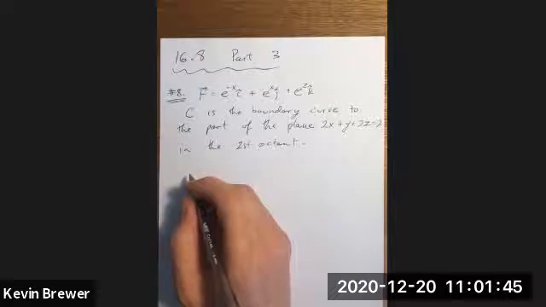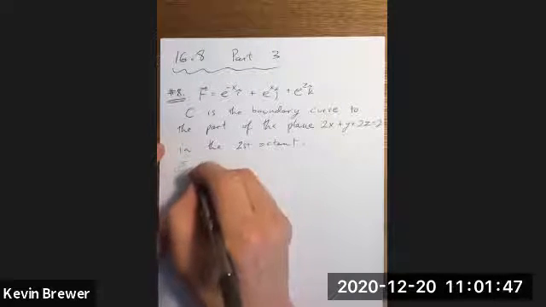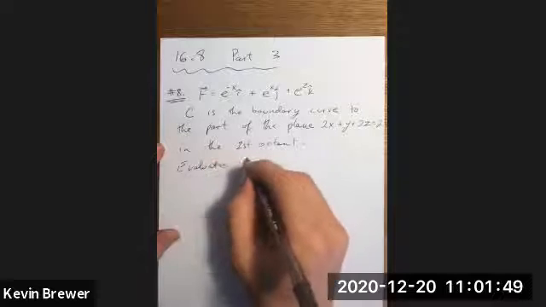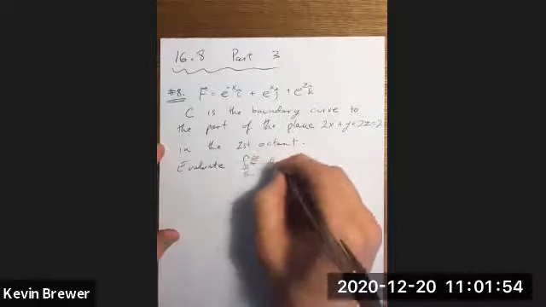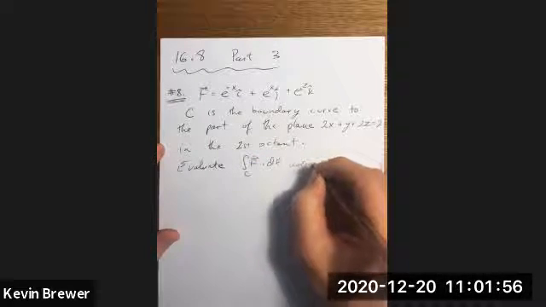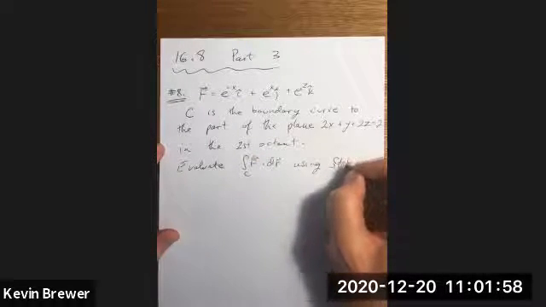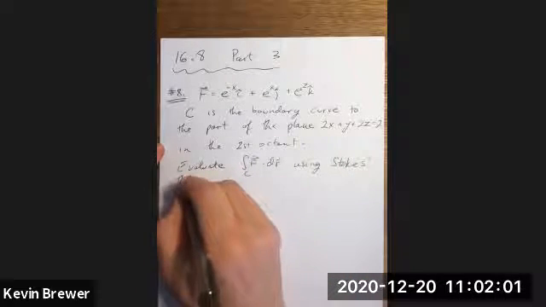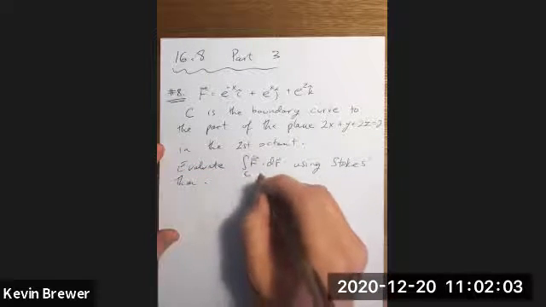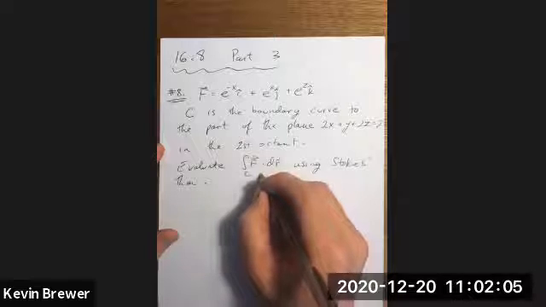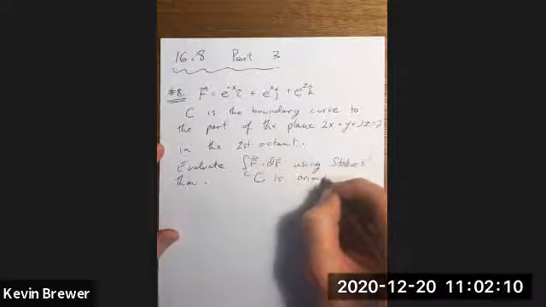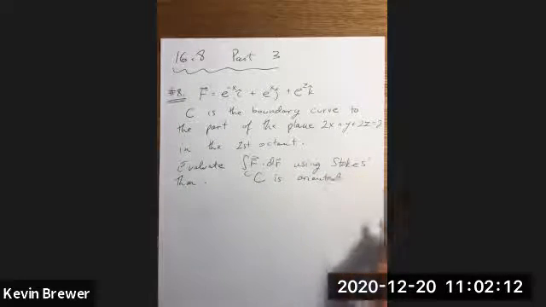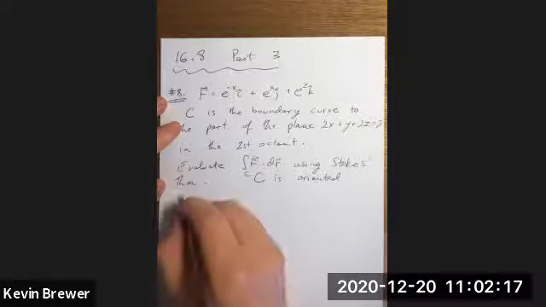And the instructions are to evaluate the line integral of F dot dr using Stokes' theorem. And C is oriented counterclockwise as viewed from above.